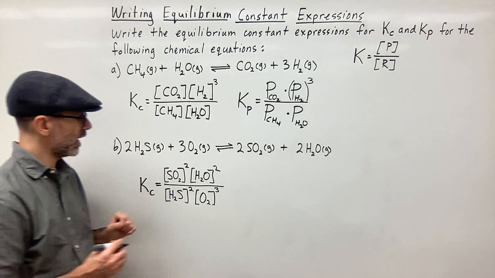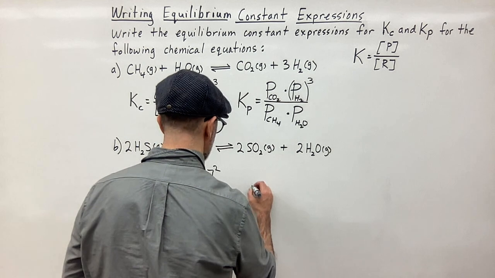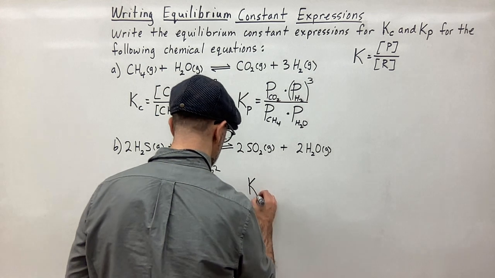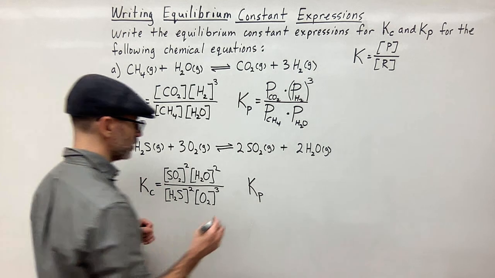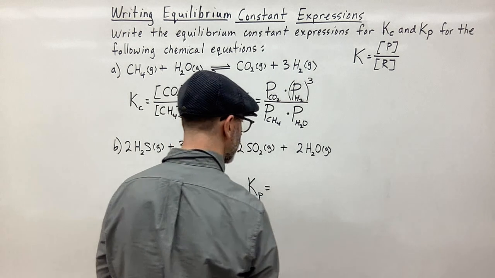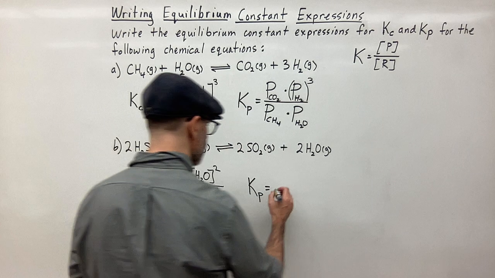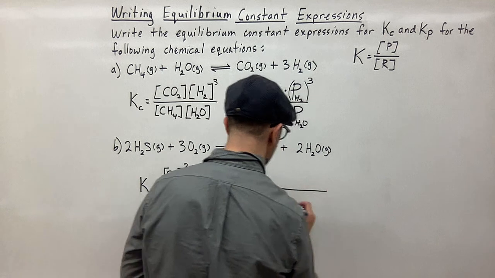So next we have the Kp. Kp is very similar. The only difference is that it's going to be in terms of partial pressures since we have all gases. So again, products on the top.